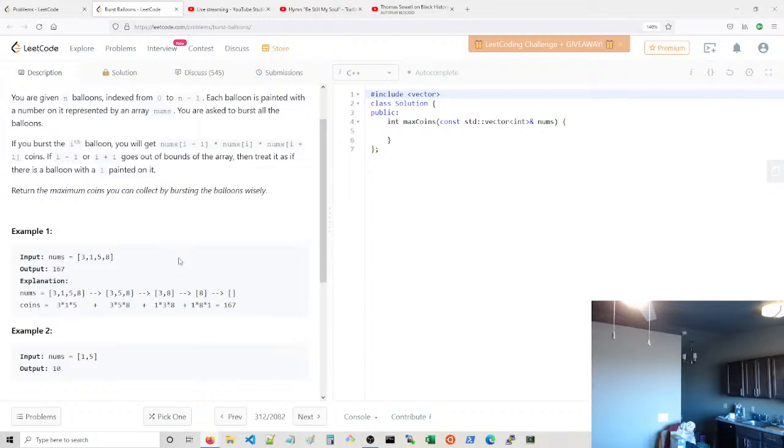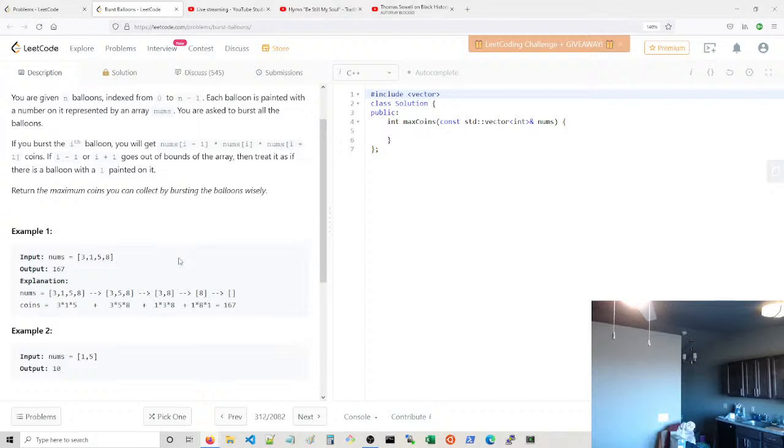If you did 3 then 5, you would do 15 and 5. Yeah, so actually you would want to take the balloon that is smaller than 5 first, because then you could apply the balloon that is larger twice.